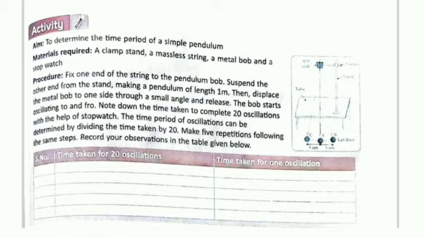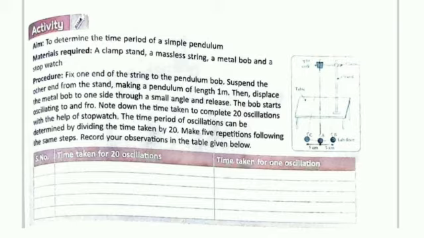You will need one clamp stand, massless string, metal bob, and a stopwatch. Fix one end of the string to the pendulum bob. Suspend the other end from a stand to support, making a pendulum of length 1 meter. Means the string should be 1 meter long.